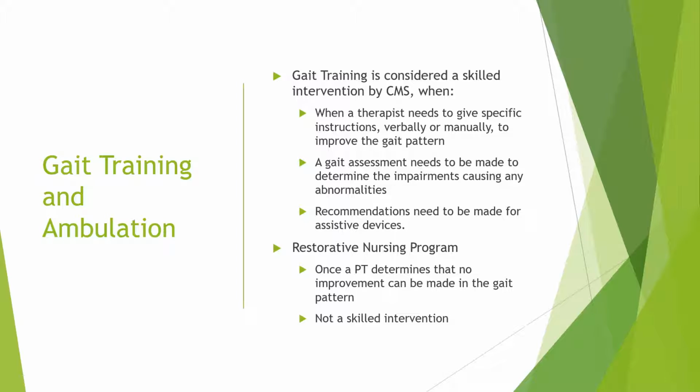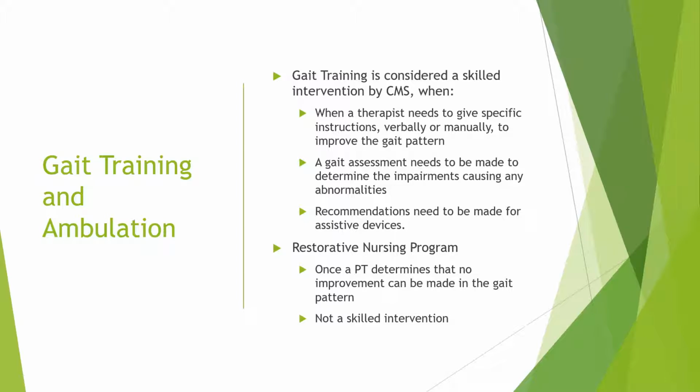So for our patients maybe in the long-term care facility, maybe we get orders to do a gait assessment, and Medicare will pay for that, especially if we need to help them be safe in their environment. Or maybe we need to make a recommendation for an assistive device. So Medicare will pay for that, and then we just have to determine how long that therapy needs to go on, how long that skilled intervention is actually necessary for.